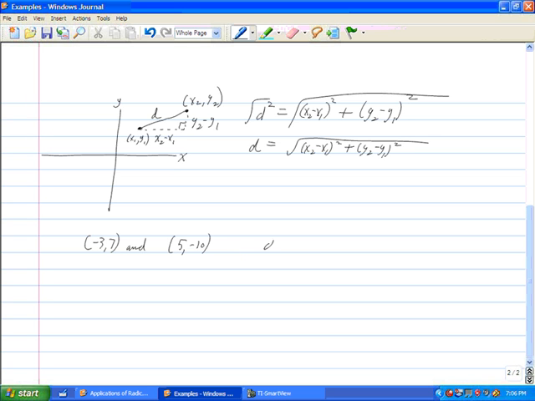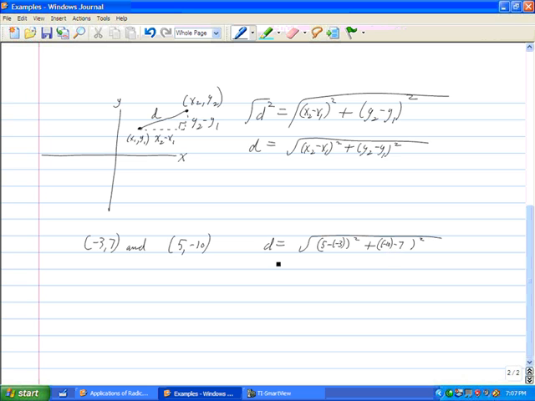To find the distance between these 2 points, I'm going to put my parentheses in here, and we'll start putting in our values. x2, which is 5, minus x1, which is -3, and any negative number should go in parentheses. That's what goes here. y2, which is -10, minus y1, which is 7, goes there.